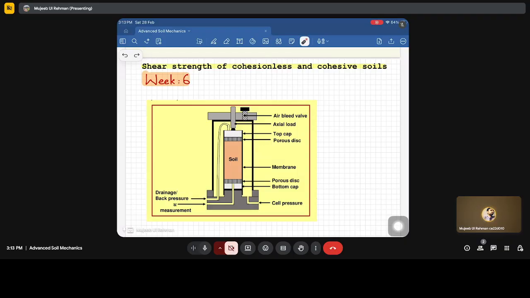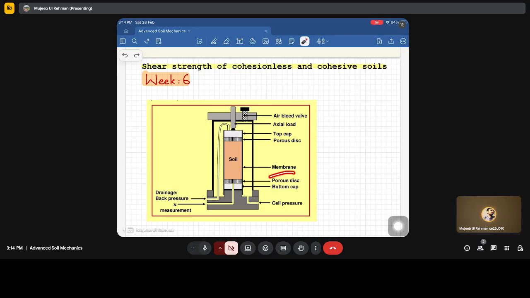And in this confining chamber we usually put our specimen, and it's not like we prepare the specimen and directly mount it on the pedestal. We have a proper arrangement for it. So we have the bottom cap, porous disc, and then we fill this material inside a membrane so that it should not come in contact with the water present in the confining chamber. Then again on the top we have the porous disc and top cap, and this bottom cap and top cap are actually for applying the loadings.